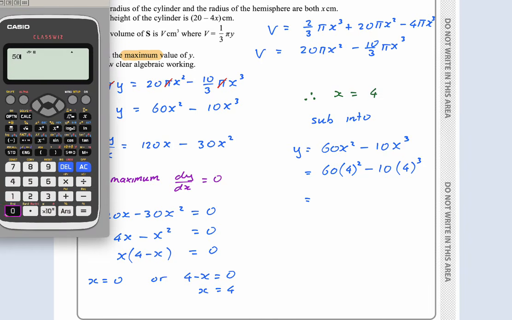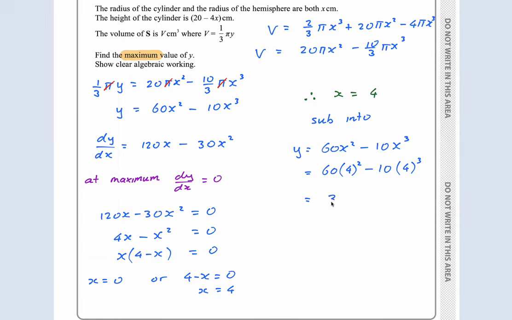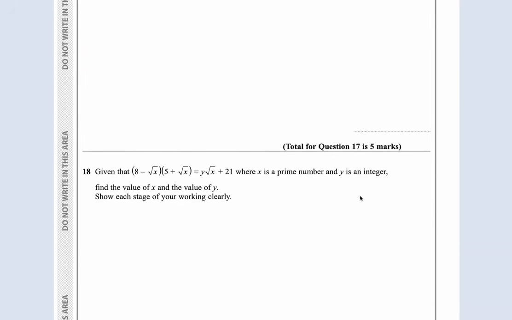Okay, 60 times 4 squared minus 10 times 4 cubed. That is the right answer. 320. So that's the maximum value of y. Okay, I told you that was a difficult question.